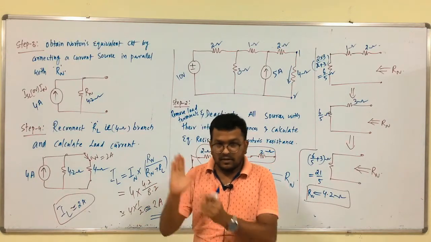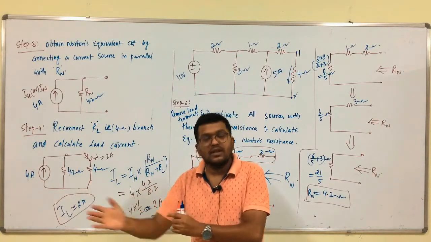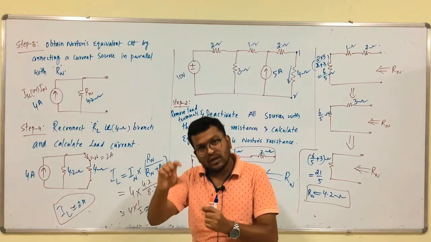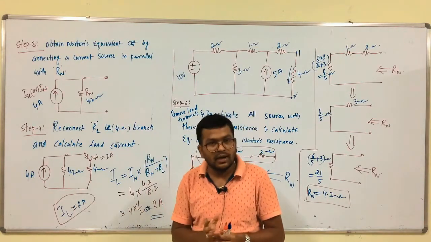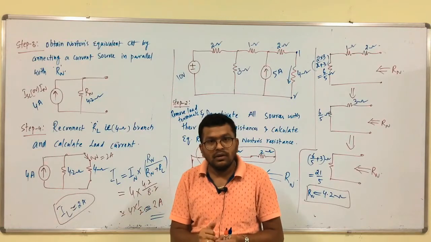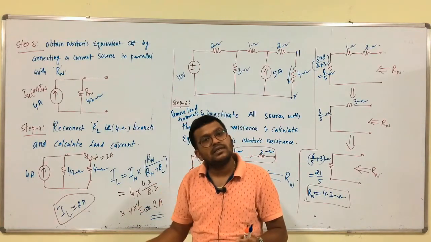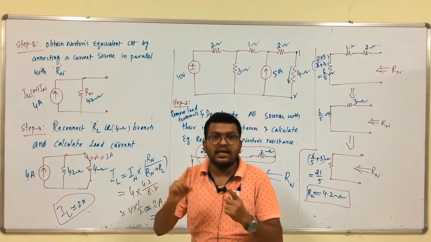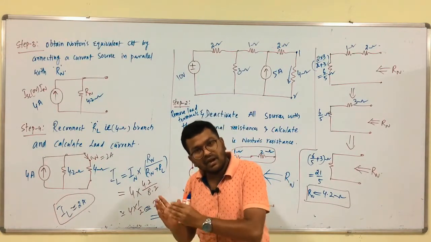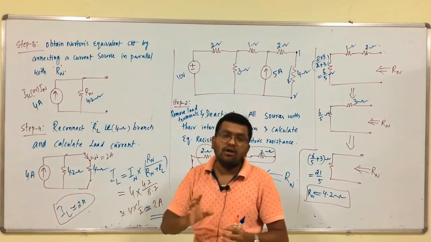Simple. First, in step 1, we have to remove the load resistance and short circuit those two terminals and calculate the short circuit current. In step 2, remove the load terminals and deactivate the current sources with their internal resistances and calculate the equivalent resistance. That resistance is nothing but Norton's resistance.